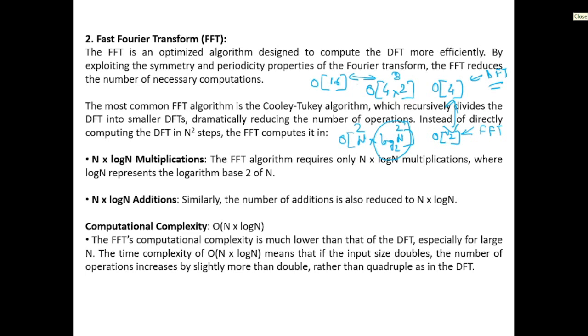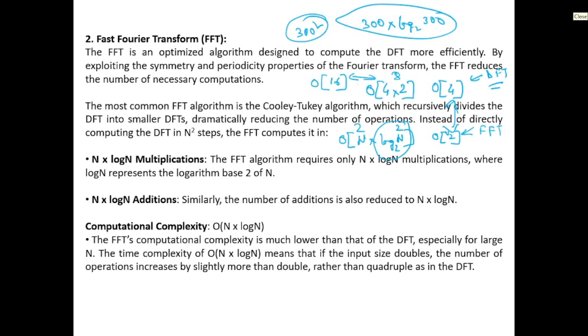Here it should be 300 squared, and in the case of the other one it should be 300 multiplied by log 2 of 300. So you compute, and it will be far lesser than the big O of the DFT. So it shows you the computational complexity.